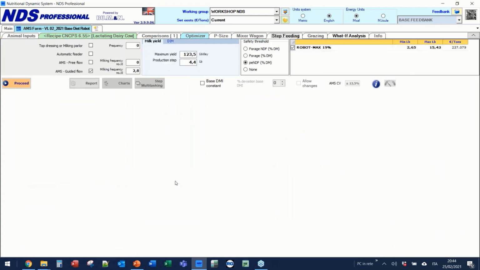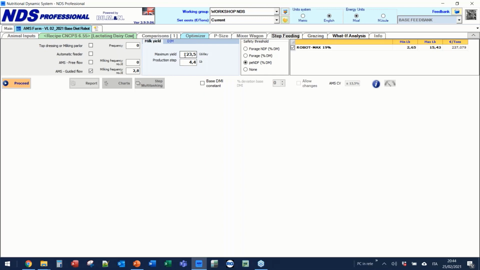The first step in the step feeding is to define what kind of AMS I have. In this case, we have a guided flow. The average milking frequency is 2.8.